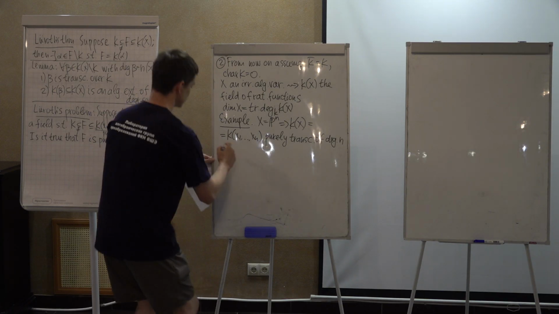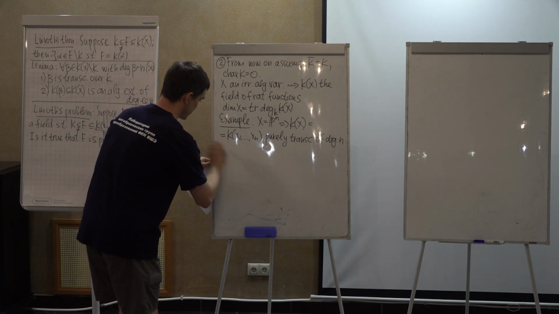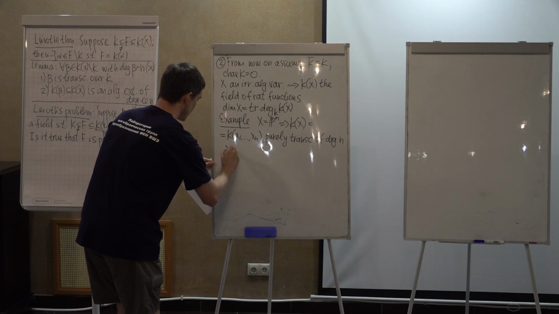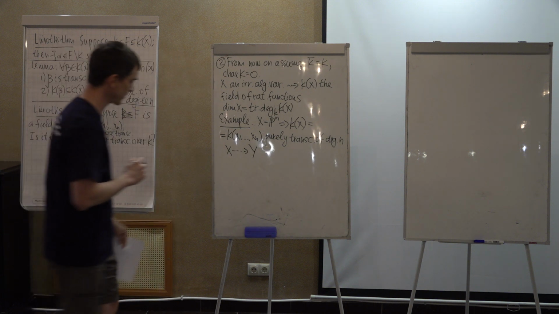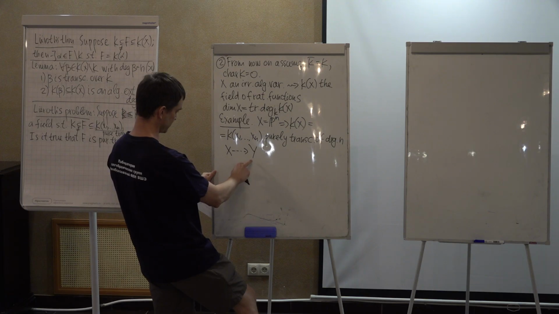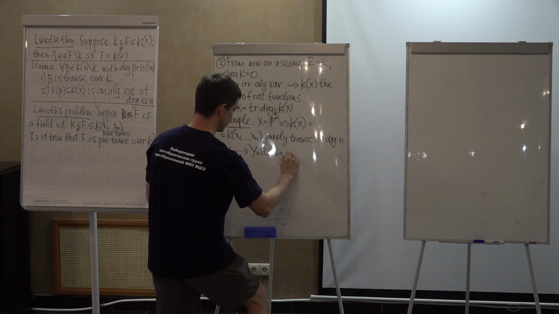Okay, then consider the following situation. So suppose we have two such varieties, X and Y, and consider a rational morphism between them. So perhaps I would like to consider dominant rational morphisms.